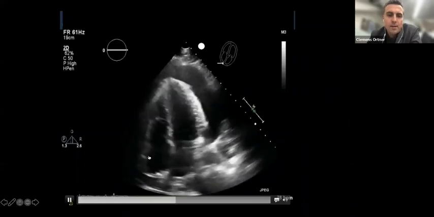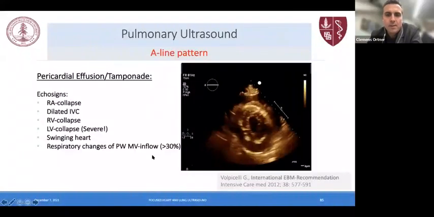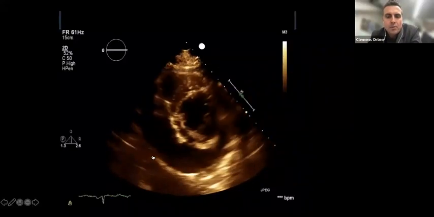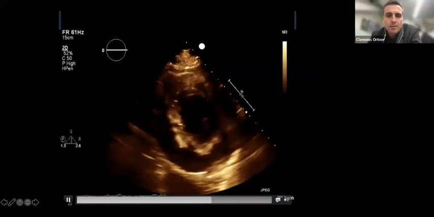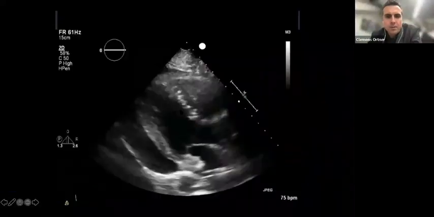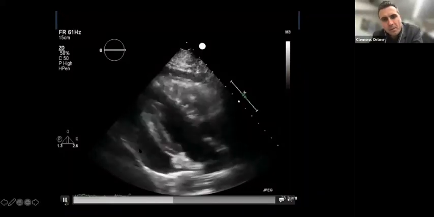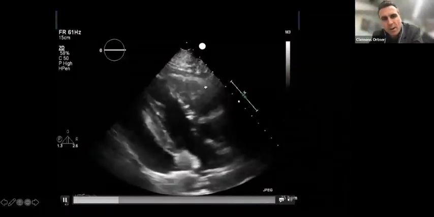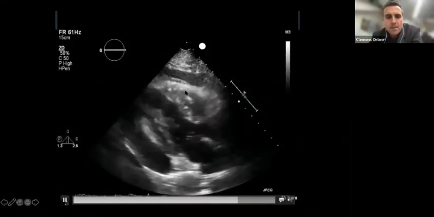This is a sign that this is not only an effusion, there's tamponade physiology present. And also here you see this swinging heart. Here also, this bouncing heart, you see that the right ventricle might be also a little bit collapsing.